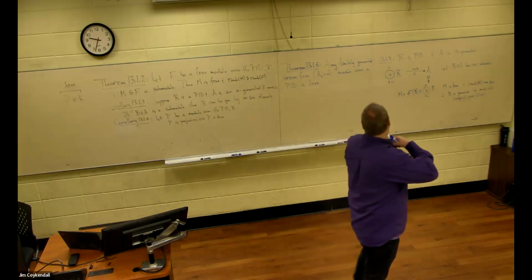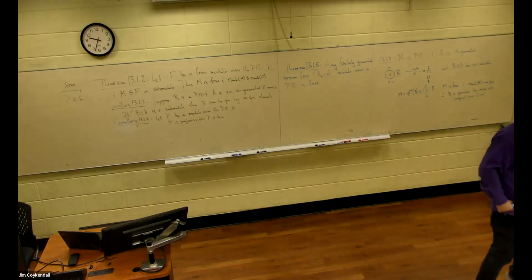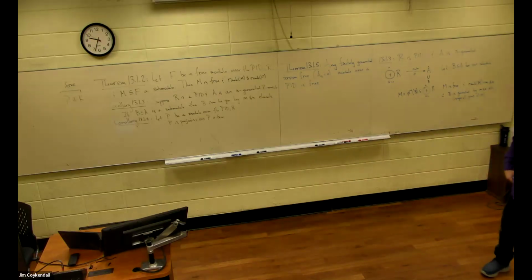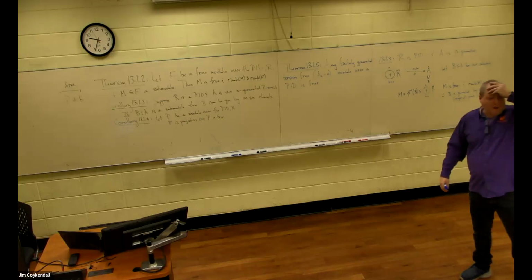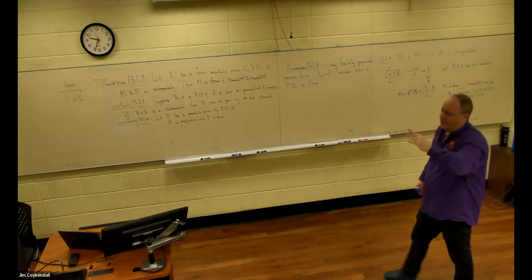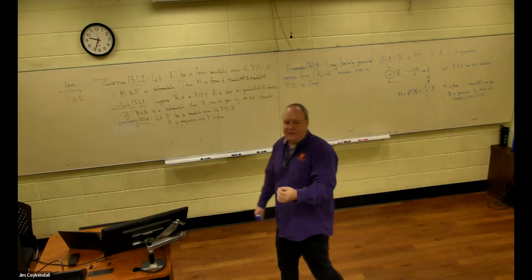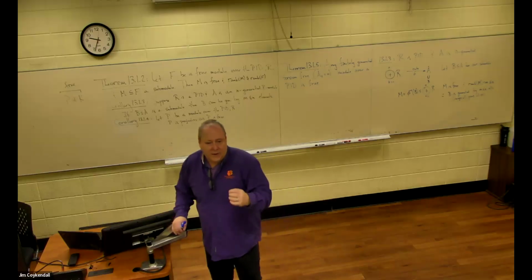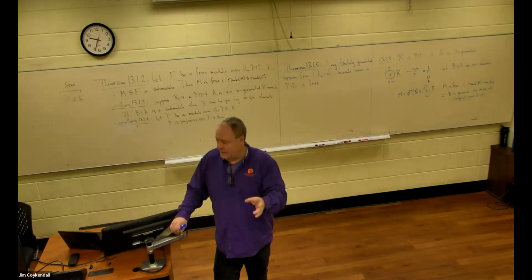Let me go through the fact that we do need the words that I have up there. If you have a module with torsion in it, it's not going to be free. Let me give you an example. Z6 has torsion in it because 6 times anything in that module Z6 is 0.